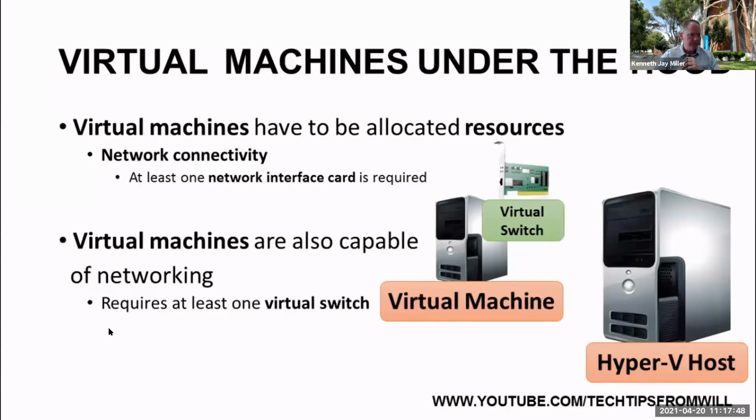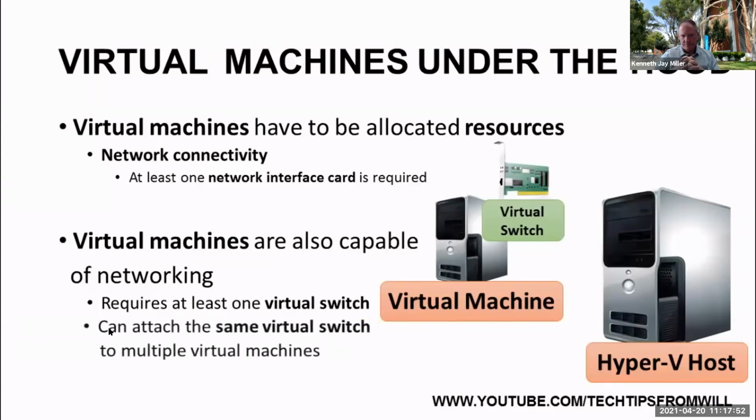It is worth noting at this point that you are able to attach the same virtual switch to multiple virtual machines if you wanted to. However, this may cause some bandwidth issues, since multiple virtual machines will be communicating with the rest of the network via the same physical network adapter.